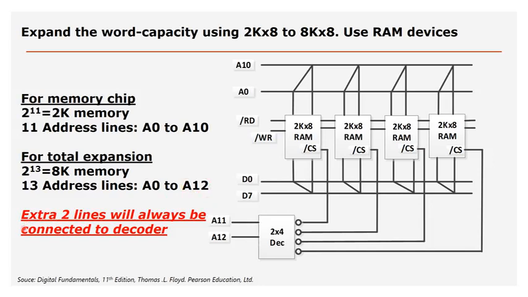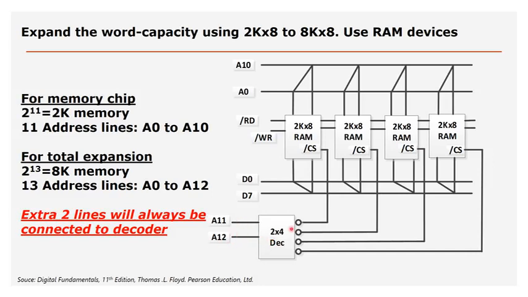I've highlighted this here and I said the extra 2 lines will always be connected to the decoder. This is why I've said if you do a word capacity expansion, there will always be a decoder connected. And this is why A11 will be connected to this decoder, and A12 will also be connected.